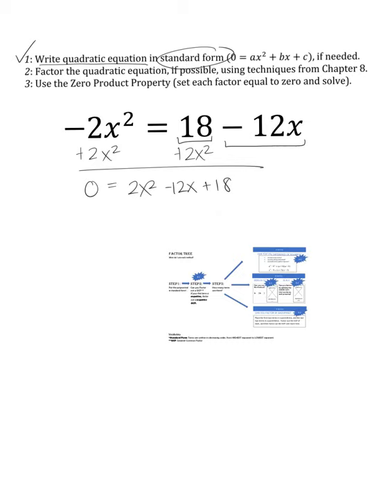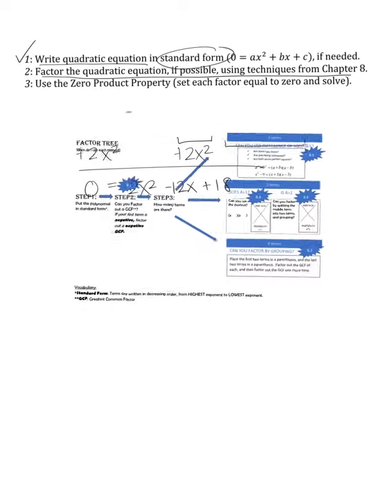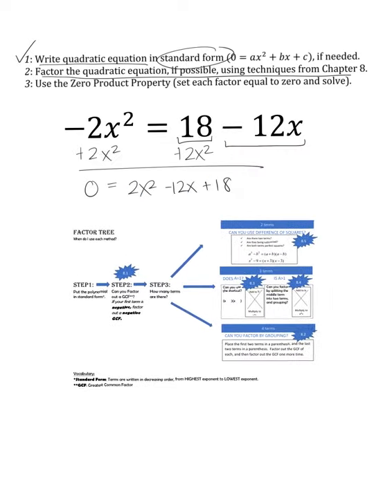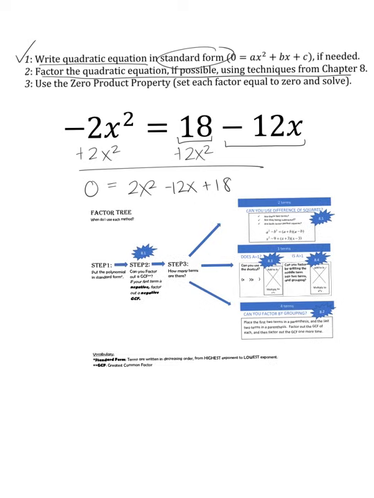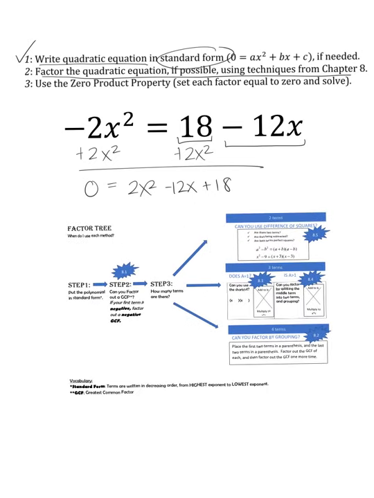Step number 2 is to factor the quadratic equation, if possible, using the techniques from Chapter 8. Looking at our factoring chart, we already put the polynomial in standard form. Step 2 is to see, can we factor out a GCF? Let's take a look. 2, negative 12, and 18.